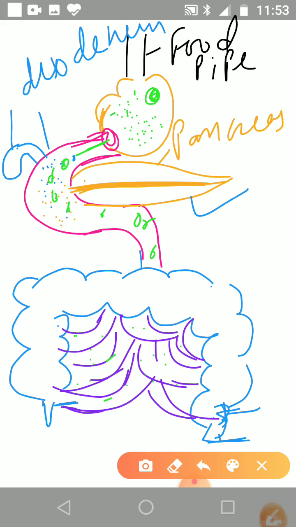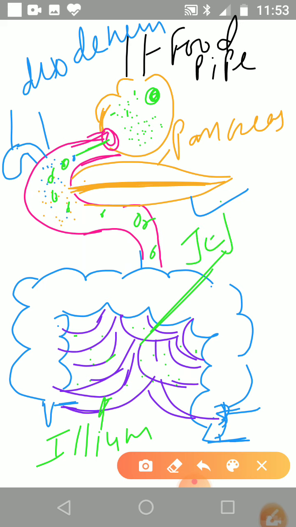Okay, small intestine. So what happens in this small intestine? Let me write, this is the ileum, and the upper part is called the jejunum. When the food comes into this highly coiled part, in the duodenum certain parts are already digested.